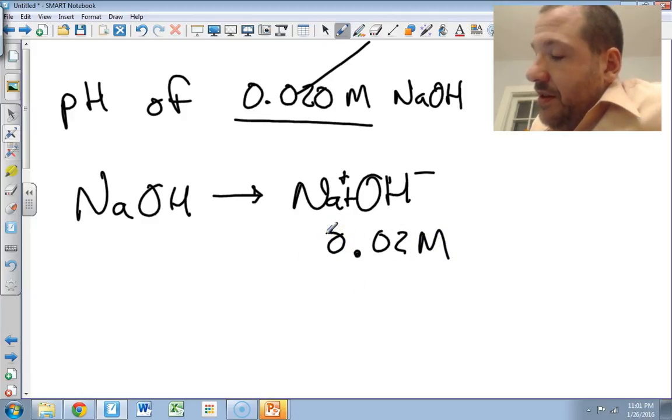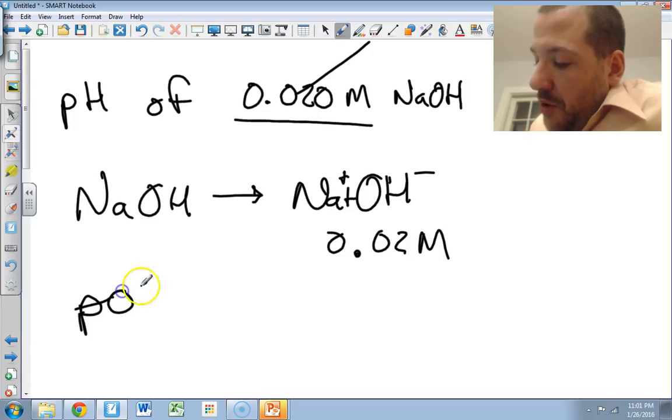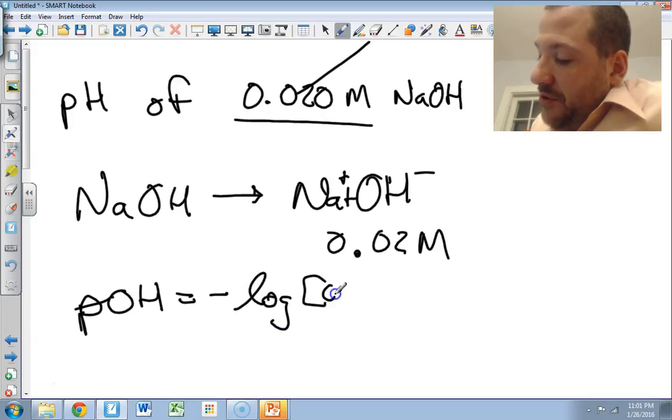Well, from this, can't we calculate a pOH? Sure, the pOH equals the negative log of the concentration of the hydroxide ion.